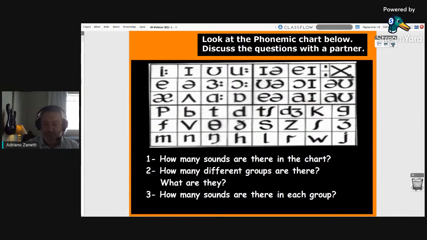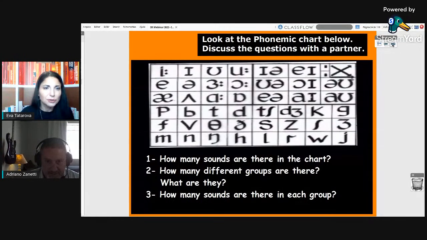So, are you familiar with the IPA, the phonemic chart alphabet? If you are, that's fine. If you're not, don't worry about it, because this is the International Phonemic Alphabet, and this is one activity I use for awareness.